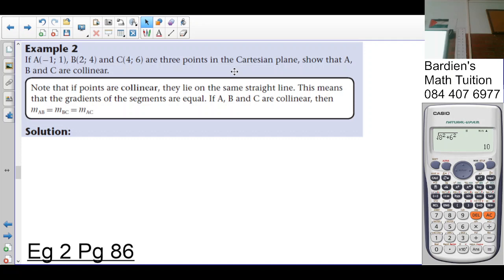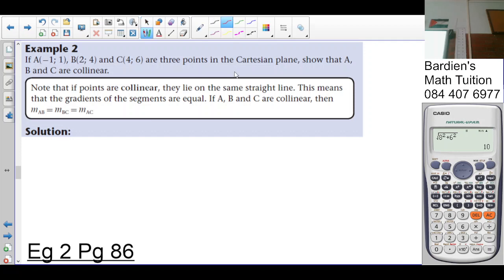What does collinear mean? They lie on the same line. You saw that earlier: if points are collinear, gradients are equal. If points lie on the same line, of course the gradient has to be the same. You can make that note there.